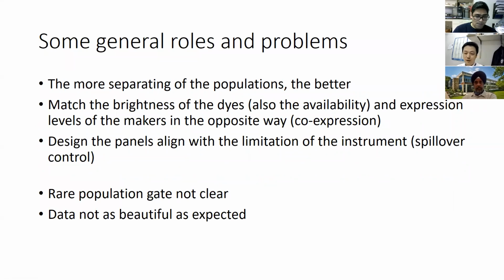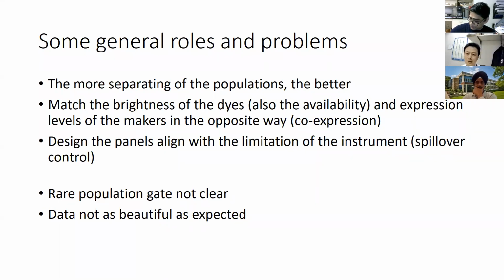When you run flow, there are some general ideas you have to follow. First of all, we want to separate the negative and positive populations. The more separation, the better, of course. When you pick the fluorophores, or what we call dyes, to match your antigen or markers, we want to match them in the opposite way, which means when your marker or antigen is expressed at a higher level, you want to pick a dim color fluorophore.